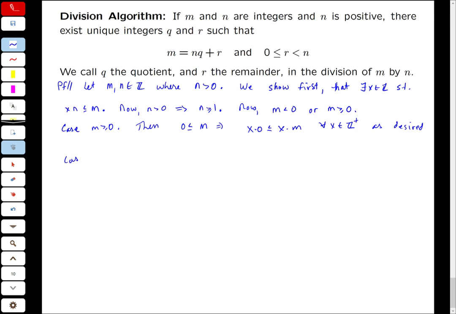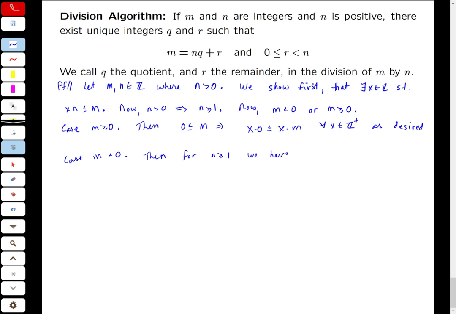Now, our case 2. m is going to be less than 0. If m is less than 0, then what do we get? Yeah, q from up there is negative. Yeah, we're getting to that. Then multiply both sides of n greater than or equal to 1 by minus m.